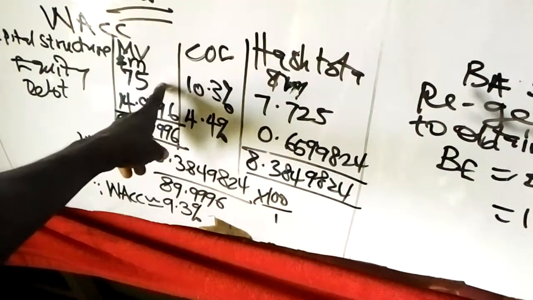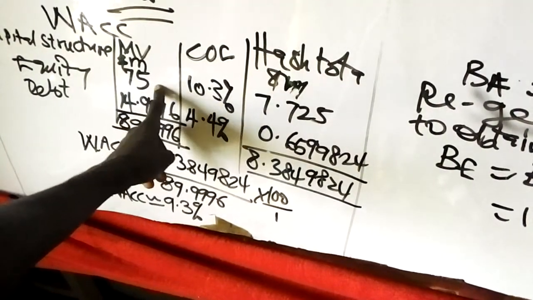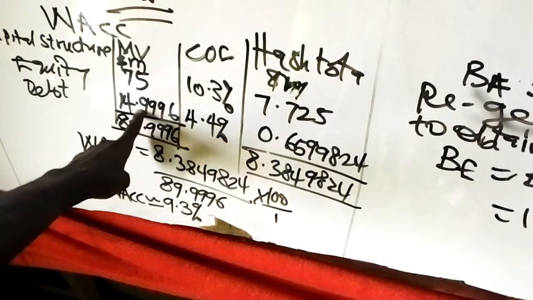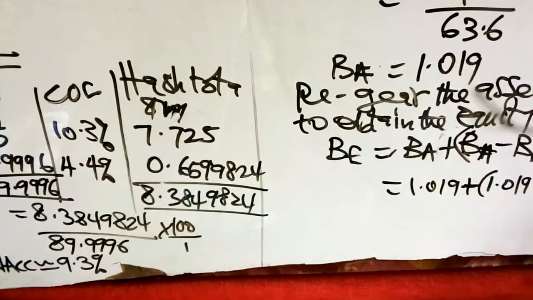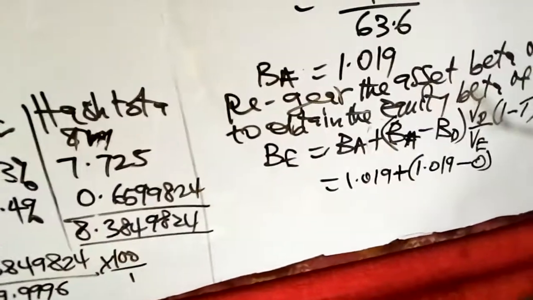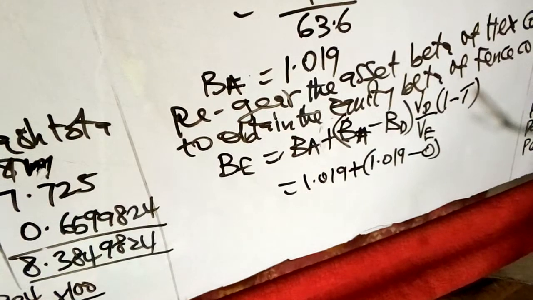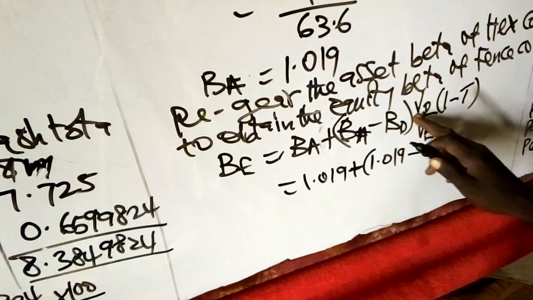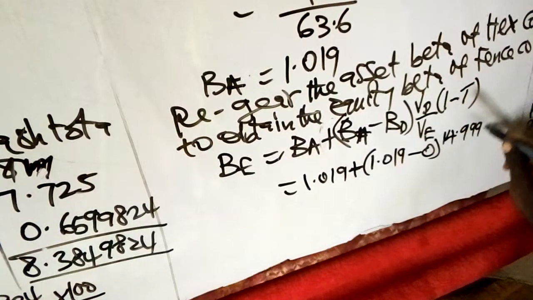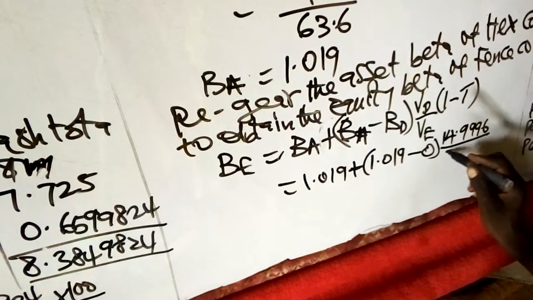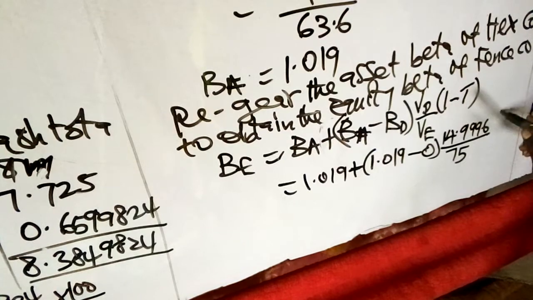The market value of equity of FENSCO is 75, while the market value of debt of FENSCO is 14.9996. So market value of debt 14.9996 over that of equity 75, into 1 minus tax rate, which is 20%.